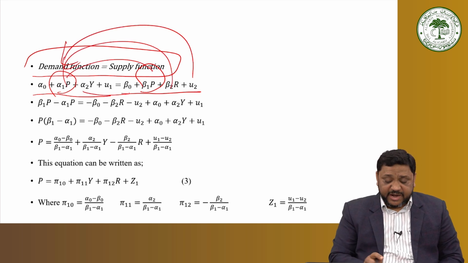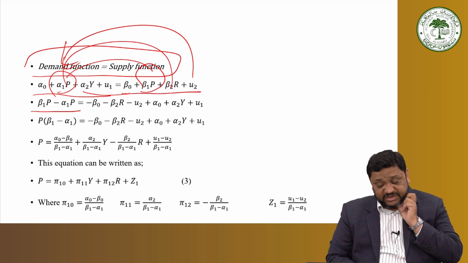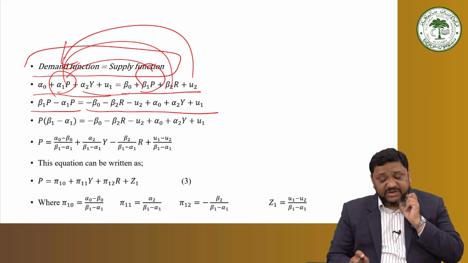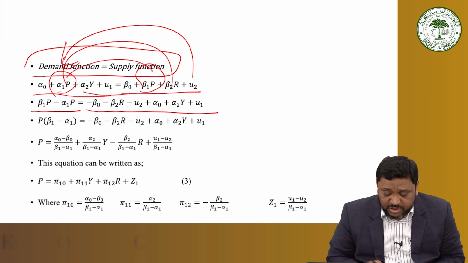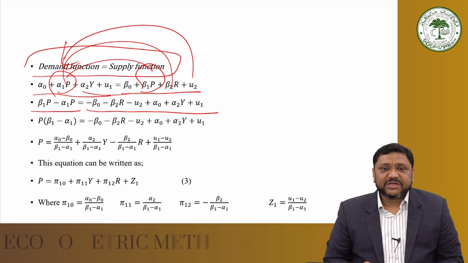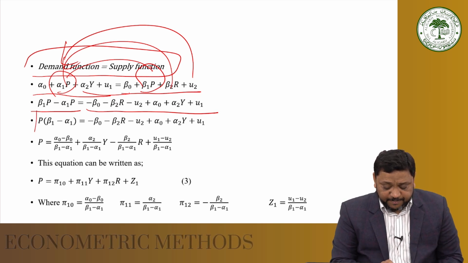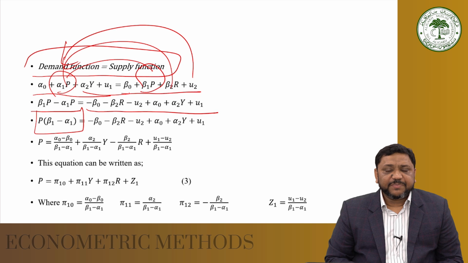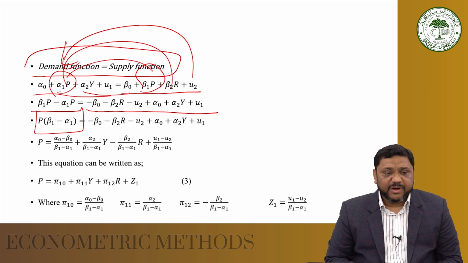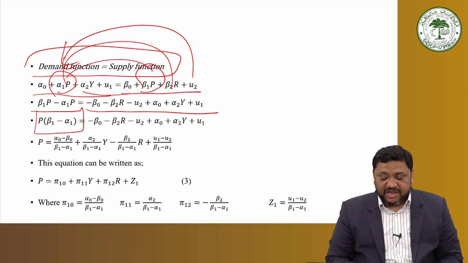So we can write beta 1 P minus alpha 1 P is equal to this entire remainder, that is minus beta naught minus beta 2 R minus U2 plus alpha naught plus alpha 2 Y plus U1. Now herein we can take P common. So once we take P common, we have P times beta 1 minus alpha 1 is equal to minus beta naught minus beta 2 R minus U2 plus alpha naught plus alpha 2 Y plus U1.